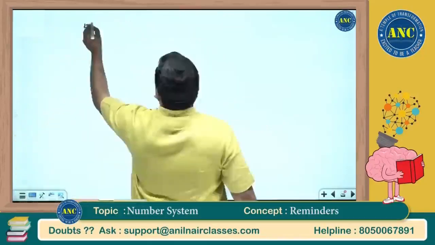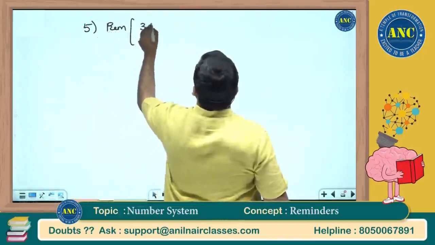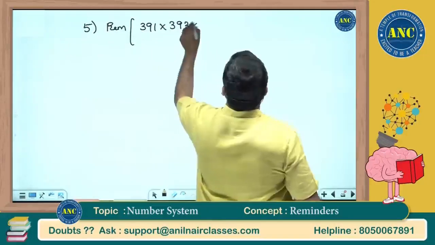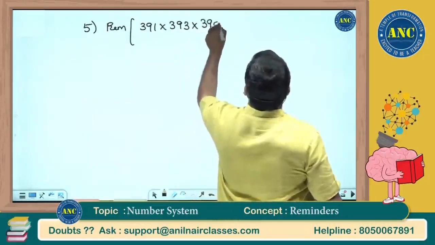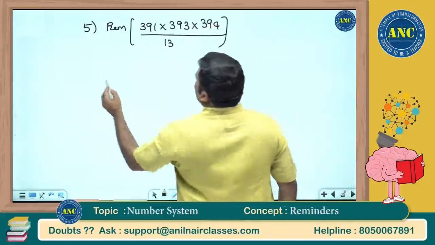Fourth problem, I have a few more questions. Remainder 1. 391 into 393 into 394 divided by 13. Sixth question.